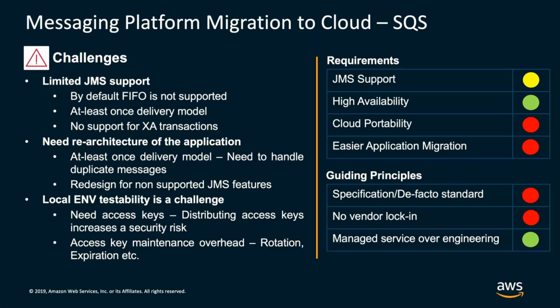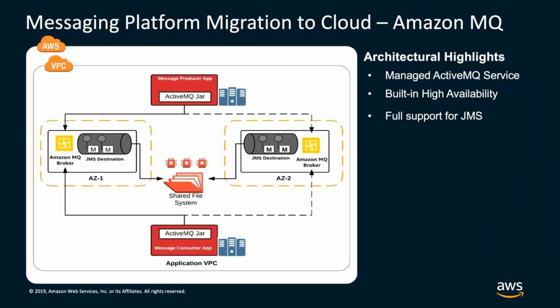So by looking at these things and trying to map them to our requirements and guiding principles, SQS falls short on the cloud portability requirement, the easier application migration requirement, the specification and de facto standards guiding principle, and vendor lock-in. So with that, in the second leg of our journey, we migrated our applications to Amazon MQ.